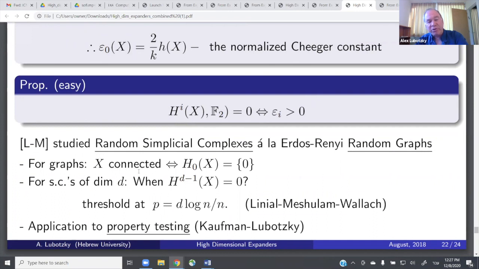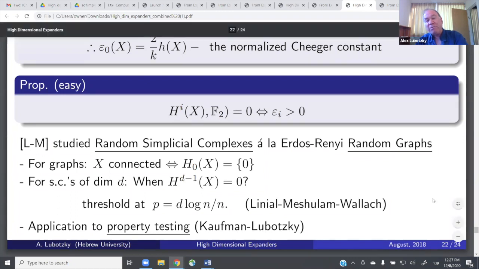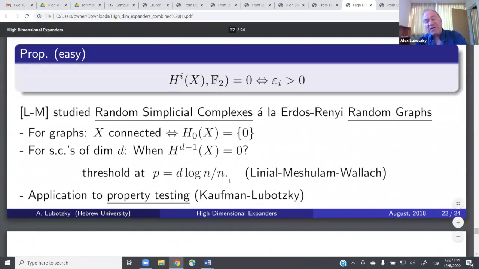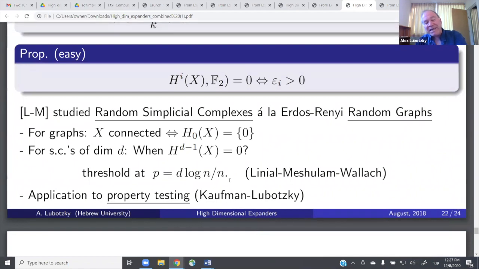For a graph, it is connected if and only if H0 is zero. For D dimensional, you ask when the D minus 1 cohomology is zero. The accumulation of the work of Linial, Meshulam and Wallach is truly beautiful, because they prove that the threshold for the vanishing of this cohomology is exactly at p equal D times log n over n.